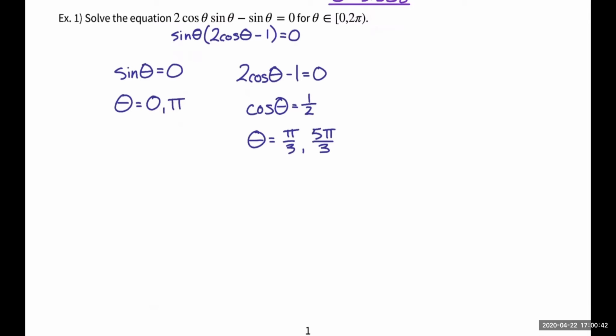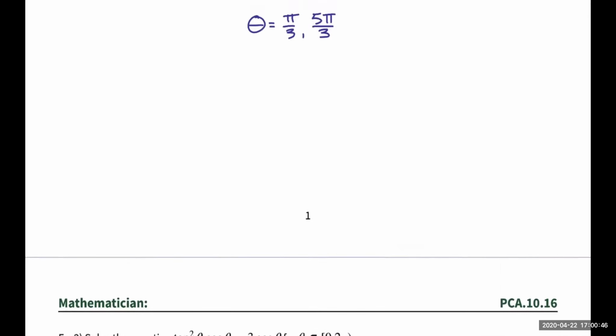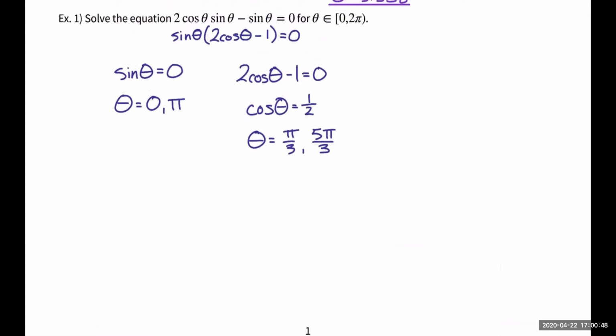You should be able to do this with our knowledge of the unit circle. All right, so altogether, that means that, oh, my screen's jumping around on me. Altogether, that means that our solution set is going to be 0, pi over 3, and 5 pi over 3.